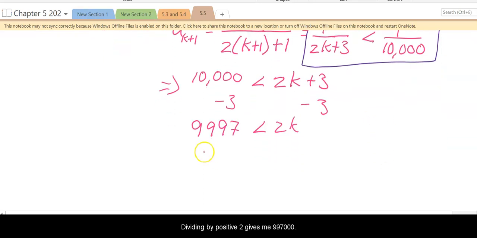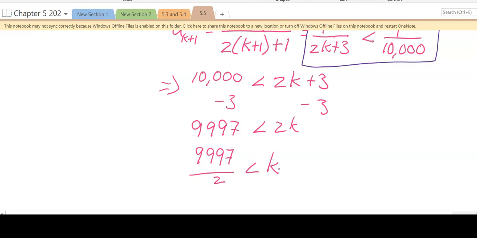Dividing by positive 2 gives me 9,997 divided by 2 less than k. Because of this, I can choose, for example, something larger. 9,997 divided by 2 is actually 4,998.5.